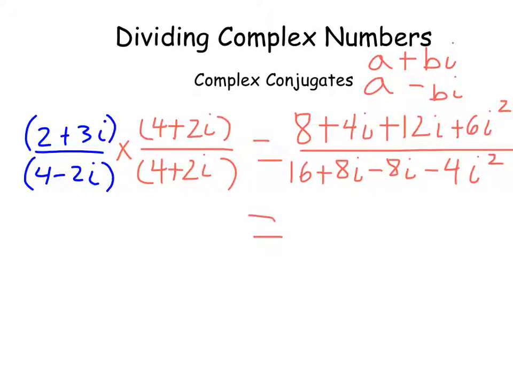All right, let's just look at the whole top here. That last term when I put in -1 is going to be -6. So the real part is just going to be 2. And then with the imaginaries, it's going to be plus 16i. On the bottom, again, the i's will cancel.